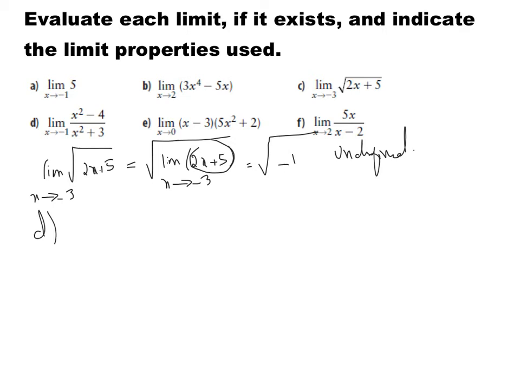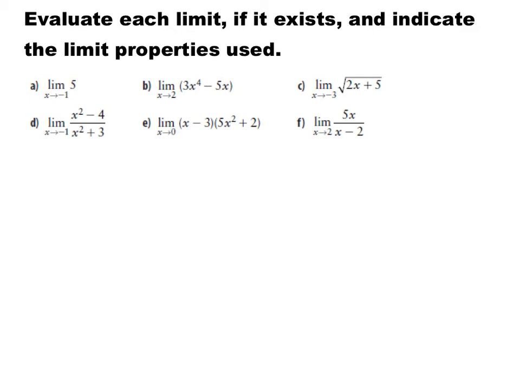So the fraction is defined, so we are going to let x be equal to -1. This becomes -1 squared is 1, minus 4, divided by -1 squared is 1, plus 3. 1 minus 4 is -3, and 1 plus 3 is 4, so the answer is -3 over 4.